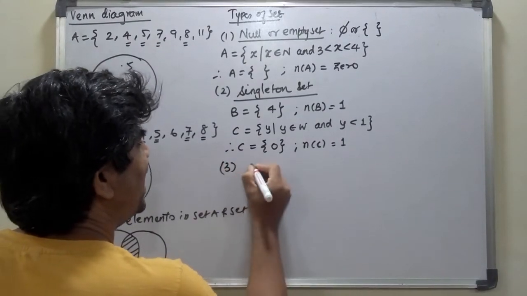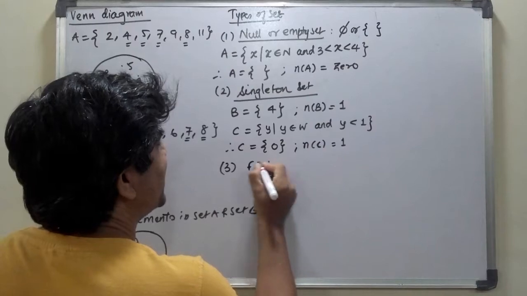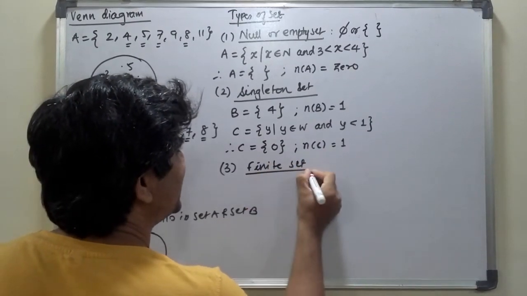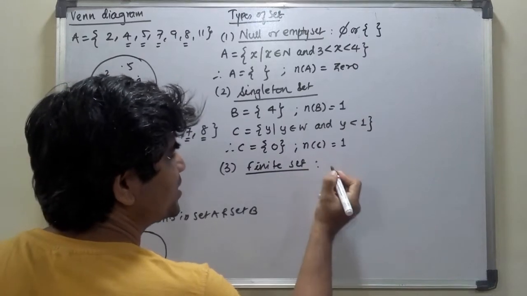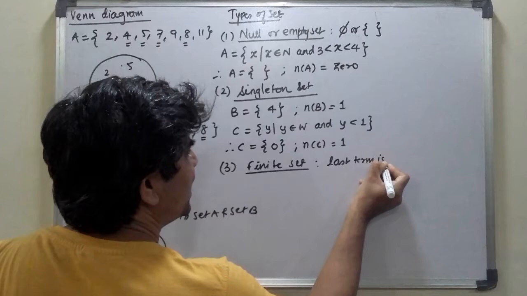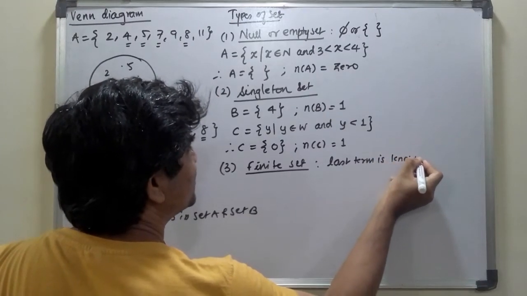Then we will have finite set. I will define finite set in very simple language. Last term is known. Bas.